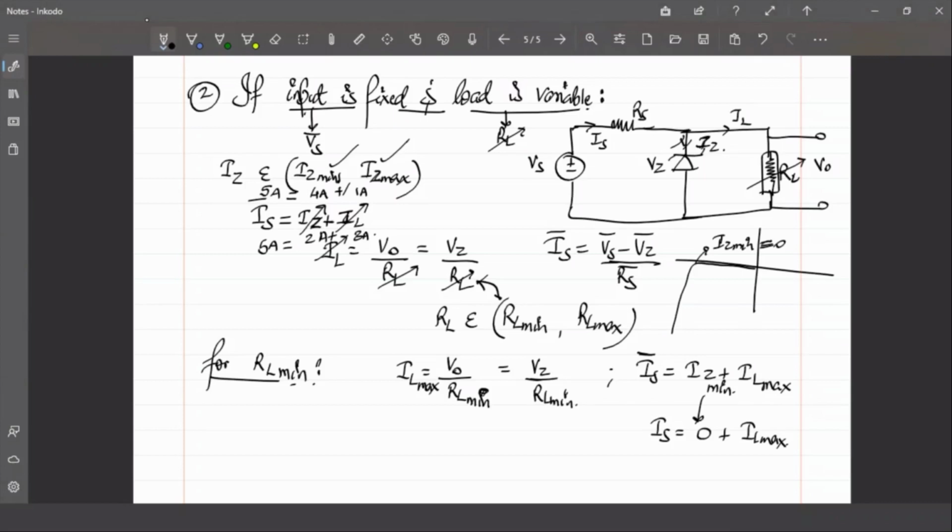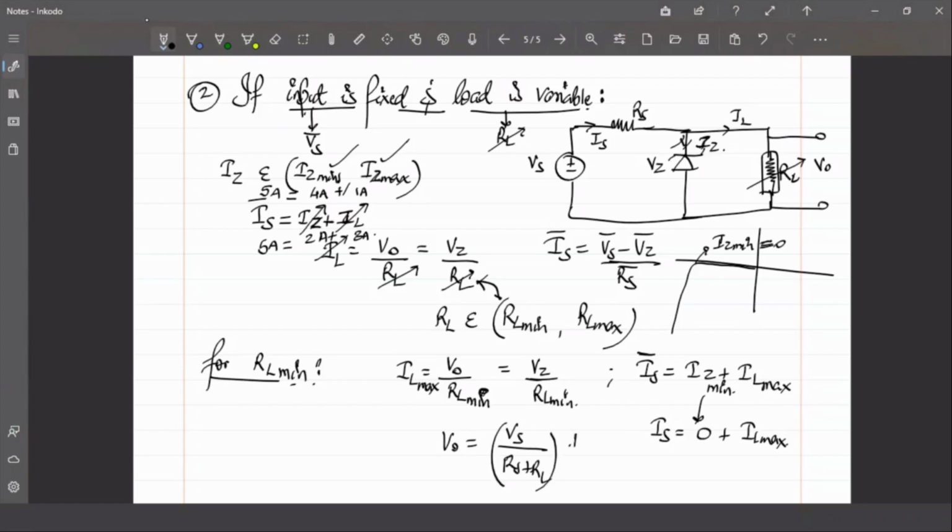So whenever IZ is becoming 0, what will be the output voltage? In this condition, since the Zener branch is becoming open, the output voltage will be equal to input voltage Vs divided by Rs plus RL, because only IS and IL are the same now. IZ is 0, so Rs and RL are in series.